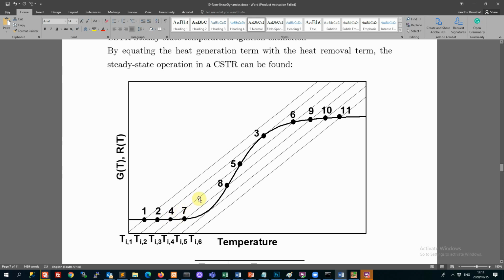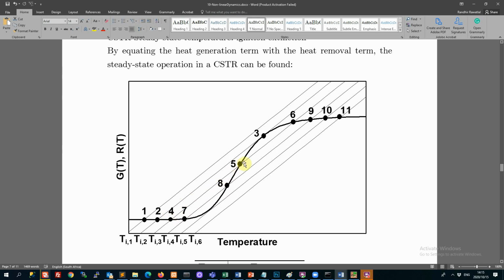So for all values along this line, all values up to here, you will have a higher heat removal rate than a heat generation rate, and you will always fall back to that point 4, until you get to point 5. At point 5, the moment you get slightly disturbed below that temperature, you will fall down in this direction towards point 4.